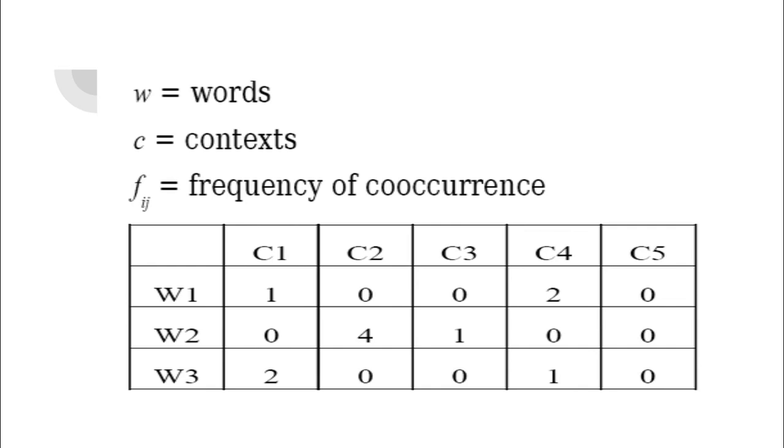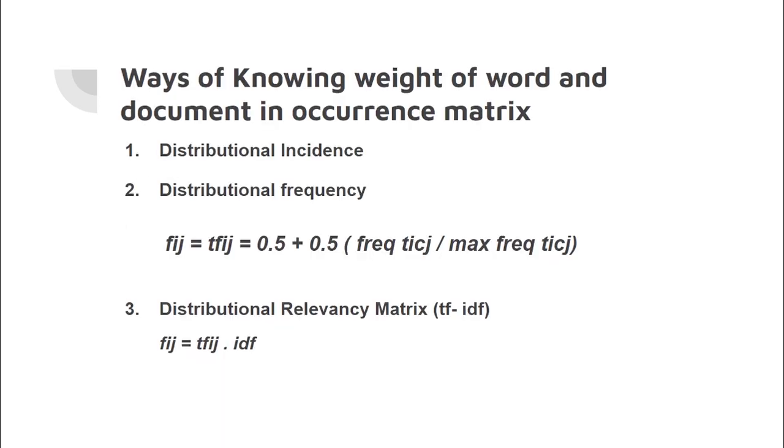Here, in this example, the word W1 occurs in C1 one time, and the same word occurs in the document or column C4 two times. So this is a classical example of how an occurrence matrix looks.